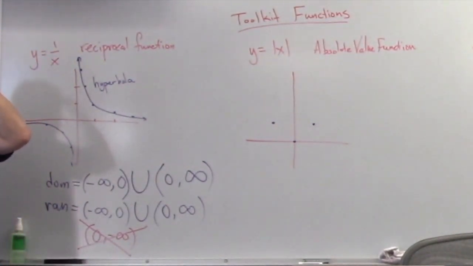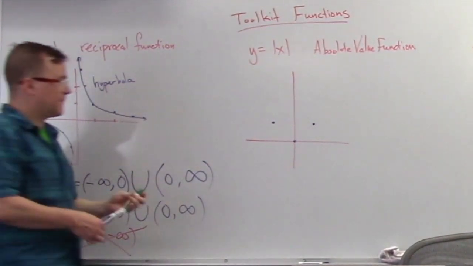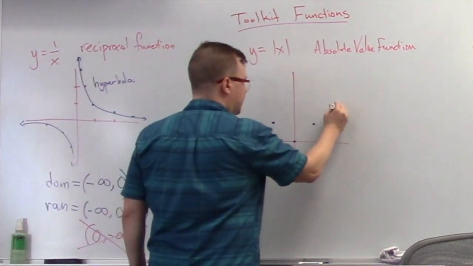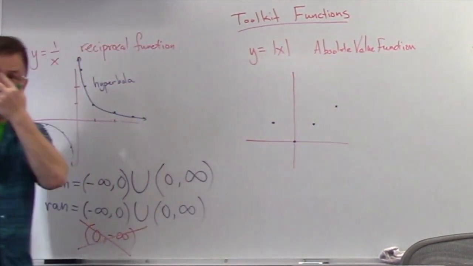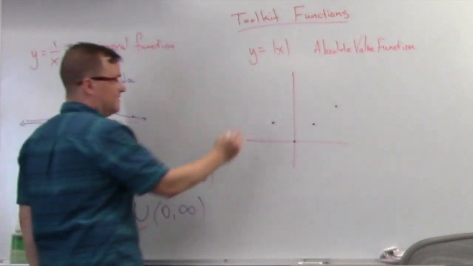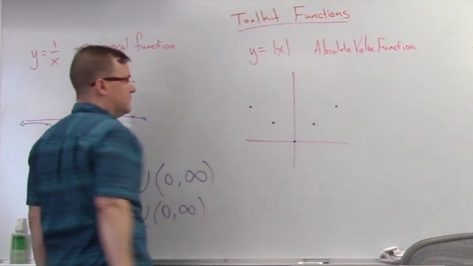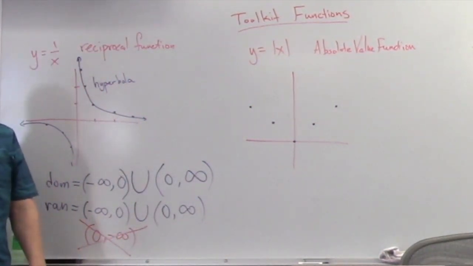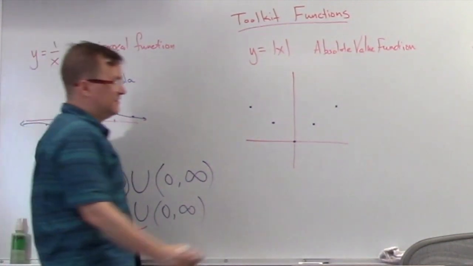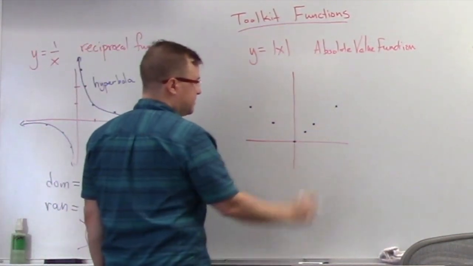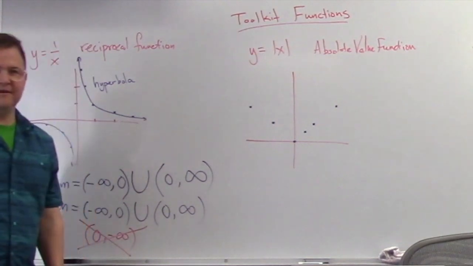The absolute value of 2 is 2, and the absolute value of negative 2 makes it positive. The absolute value of 1/2 is 1/2, and the absolute value of negative 1/2 as well.